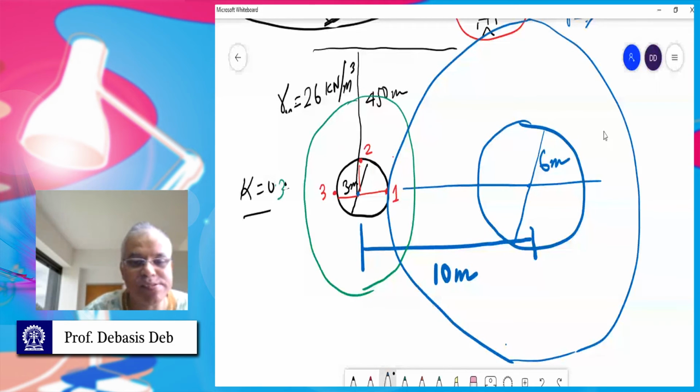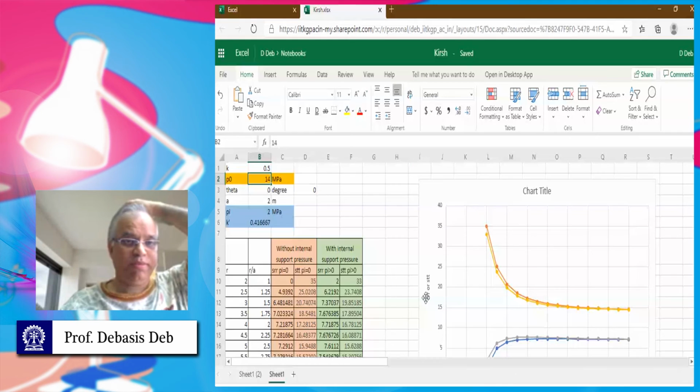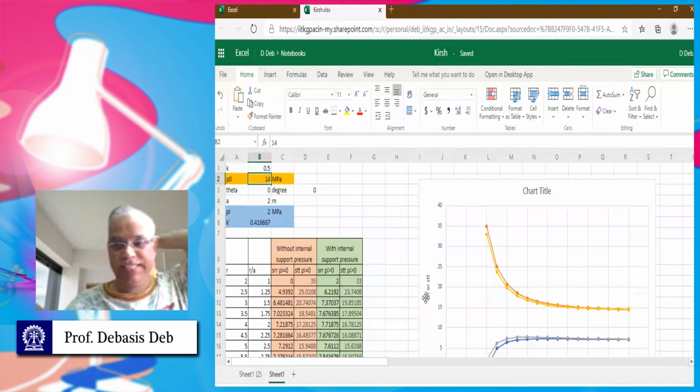Any confusion regarding the problem statement? This is a design problem, remember that. This is how we design multiple tunnels. I'm showing just 2 tunnels, and we have to consider the effect of one's influence on the other. Now you will be seeing this Excel file again.